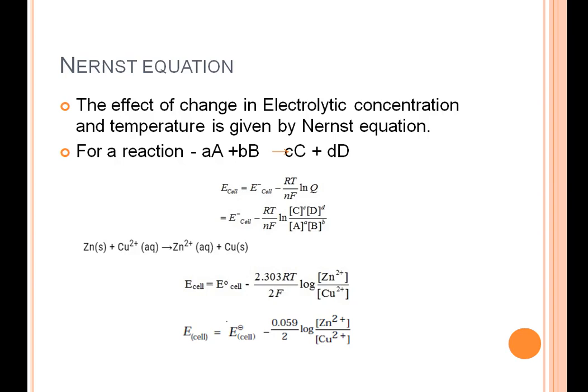Here we have taken a general equation: a moles of A plus b moles of B changed to c moles of C plus d moles of D. For this general reaction, you can calculate EMF at any concentration. That will be equal to the standard EMF of the cell minus RT upon nF natural log of Q.